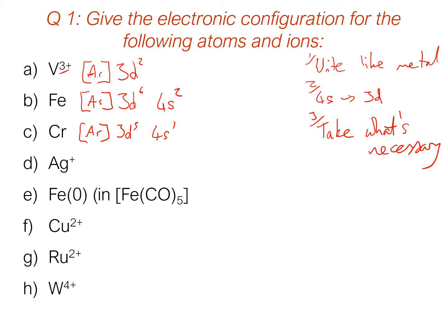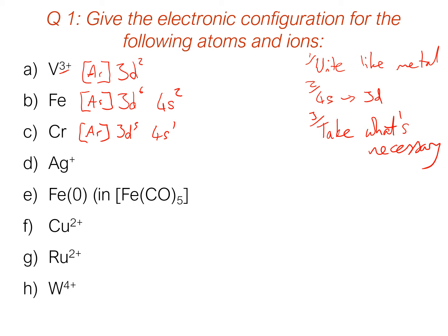So instead of going 4s2 3d4 and leaving it with 4 electrons in the 3d orbital, we put that second one from the 4s orbital into the 3d orbital, so it's half filled. The same happens with copper, so that's 3d10 4s1, and that's because then it has a completely filled 3d orbital, which adds to its stability.